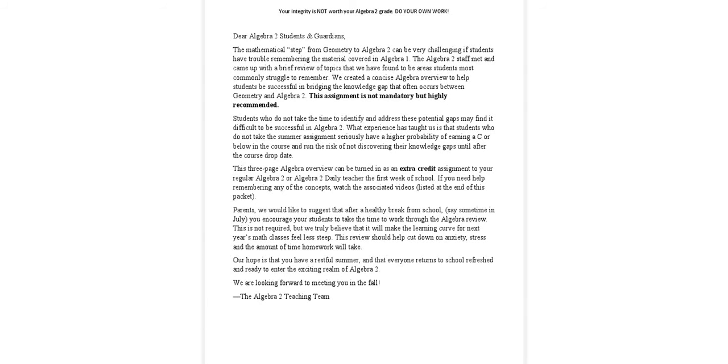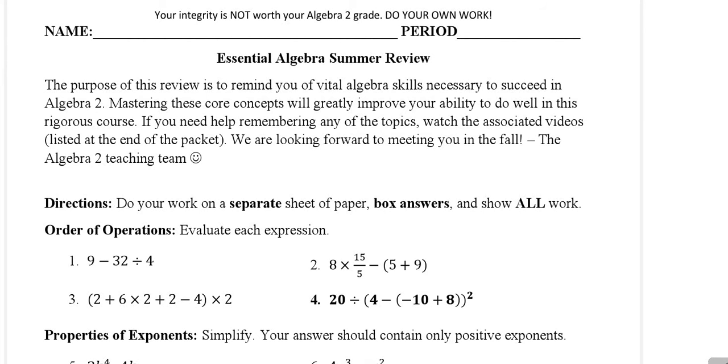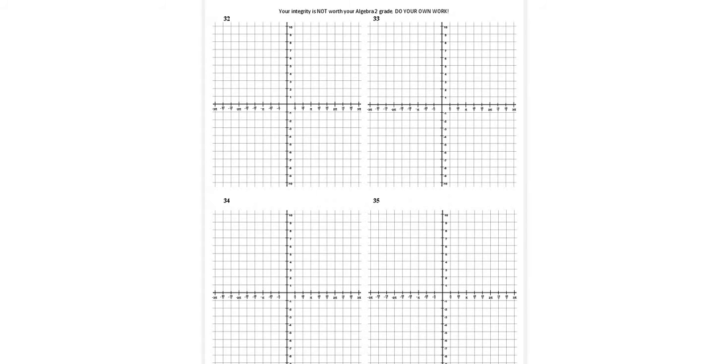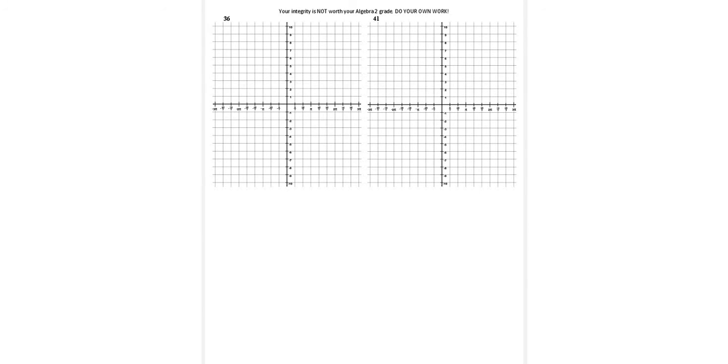You are responsible to work through this packet in detail, showing all your work on this grid paper. You can print additional pages as necessary. And then graph grids have been provided for problems 32 through 35, 36, and 41.